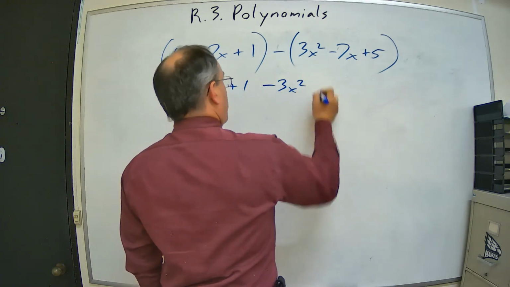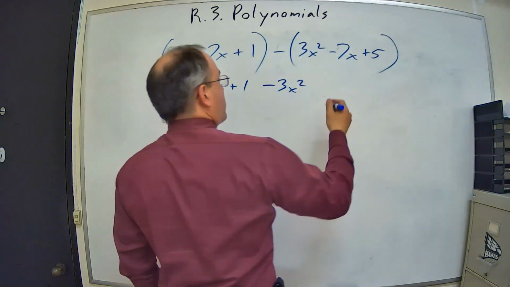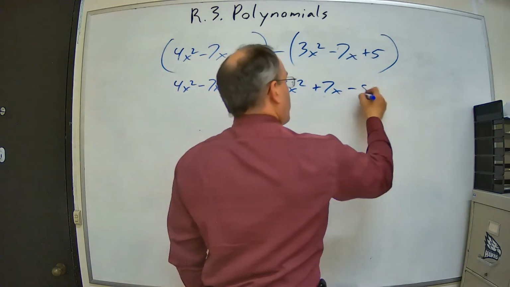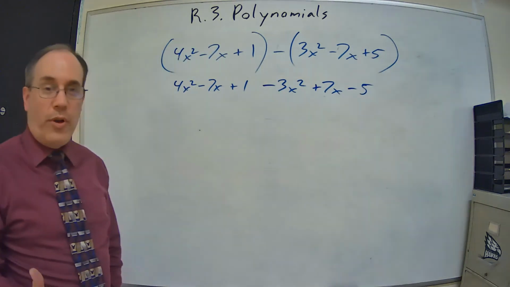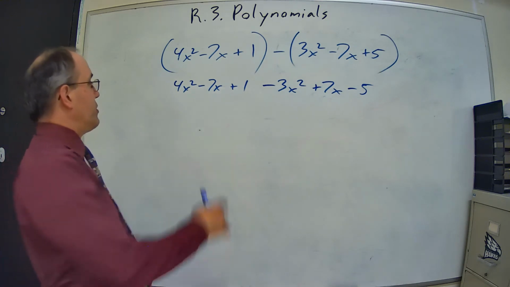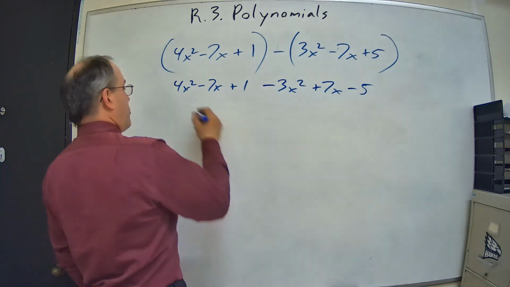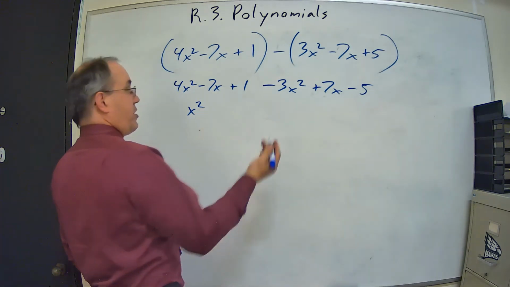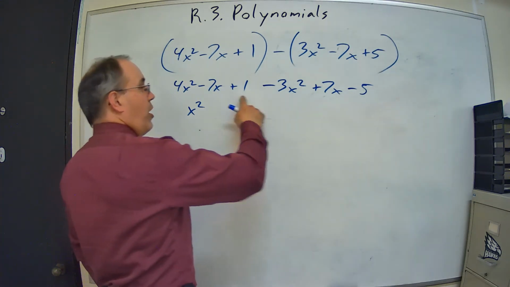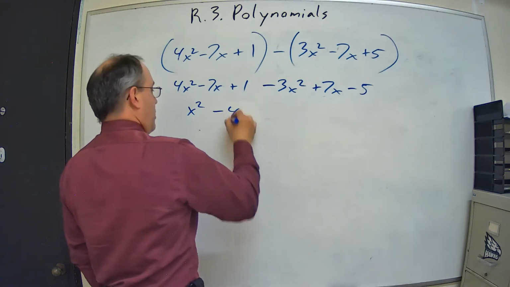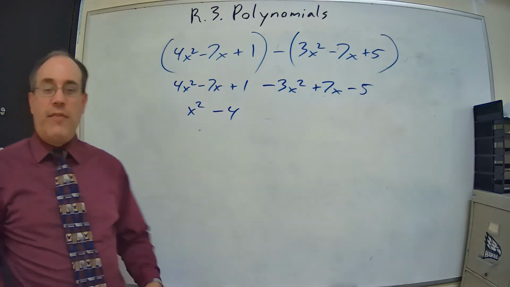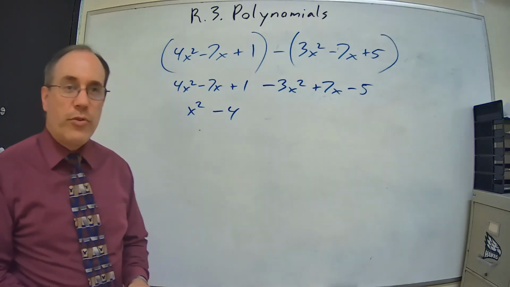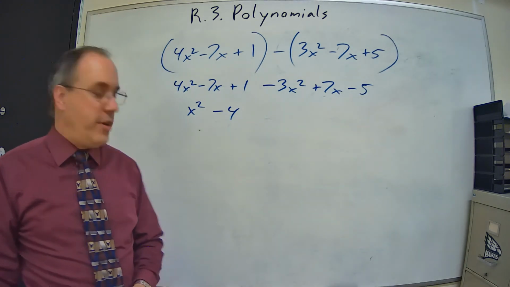Minus 3x squared minus a negative 7x gives me plus 7x and minus 5. And I'm at the point of combining like terms. 4x squared minus 3x squared gives me x squared. Negative 7x plus 7x gives me 0x, so that's gone. 1 minus 5 gives me negative 4, so I have x squared minus 4. So addition and subtraction of polynomials, pretty straightforward, not too bad.